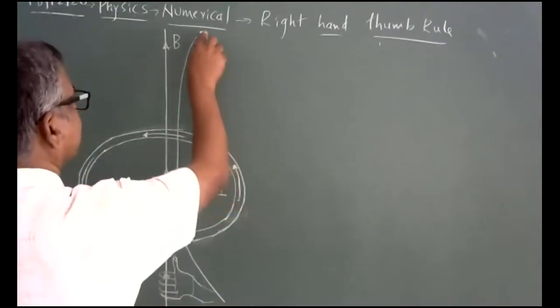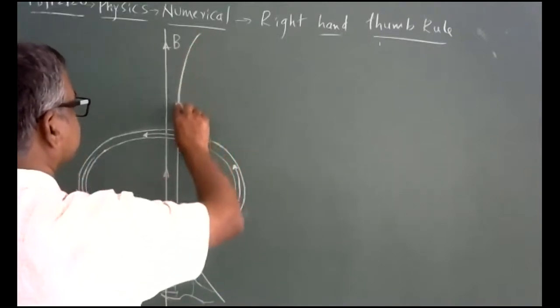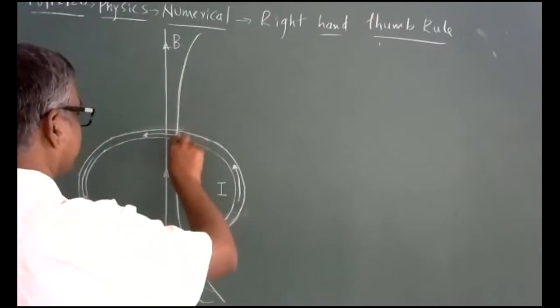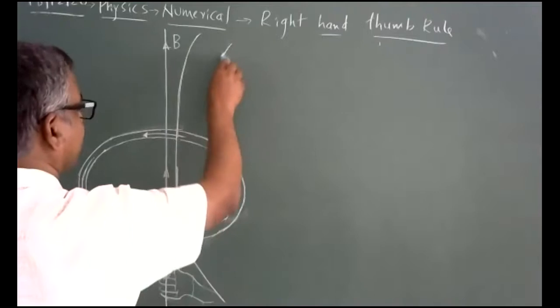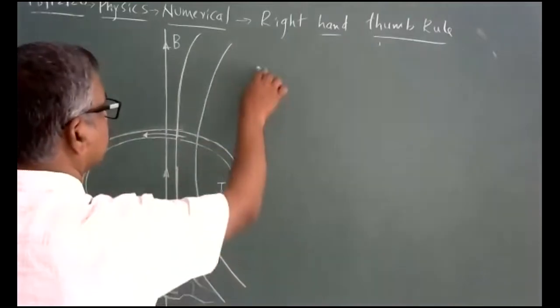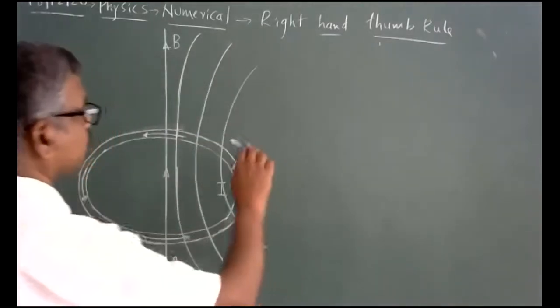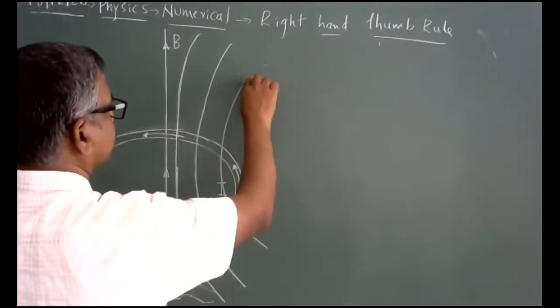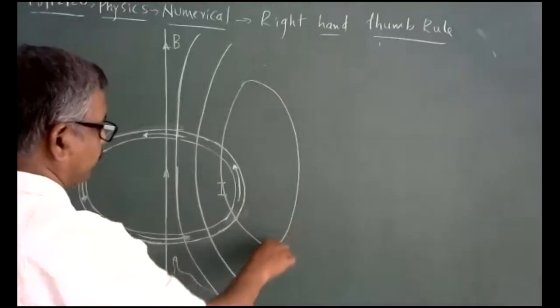Now, this is again a magnetic field curve. I need to draw it. Similarly, you have one more curve, and similarly another curve, which typically we will show in this fashion, in the fashion of a loop.